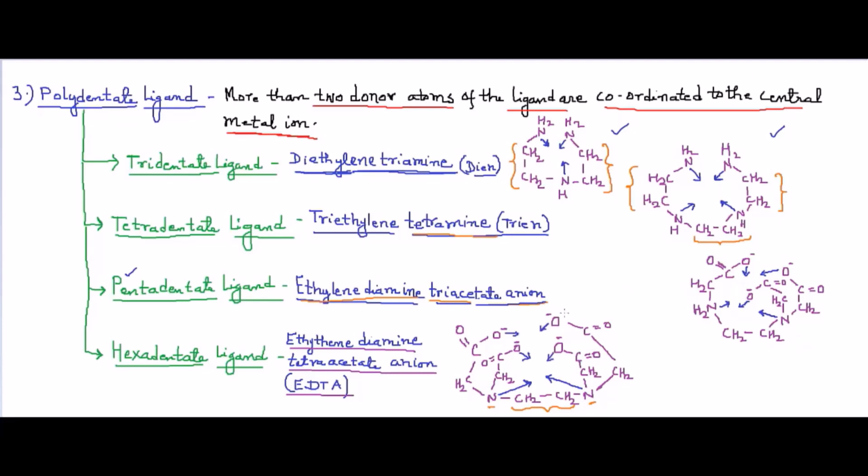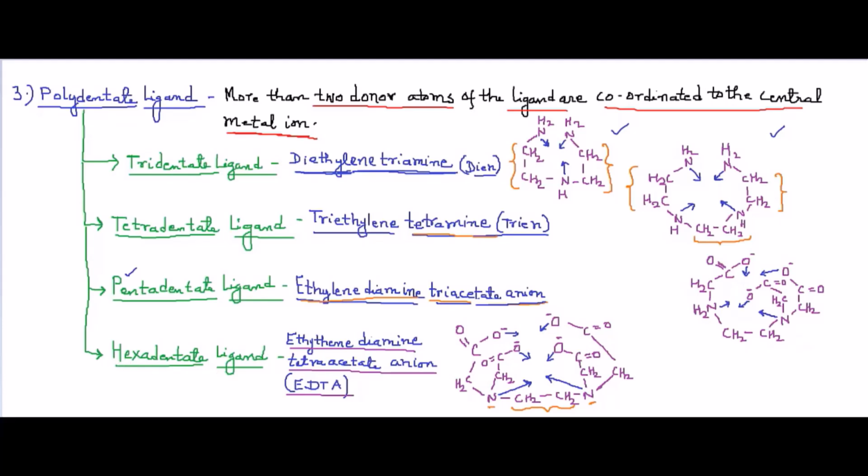How many negatively charged oxygen atoms do we have for the tetraacetate? 4 acetate ions and 4 negatively charged oxygen atoms, which also act as donor atoms. So in total 2 nitrogens and 4 oxygens. That means 4 plus 2, that is 6 donor atoms of the ligand. That is why EDTA is a hexadentate ligand.